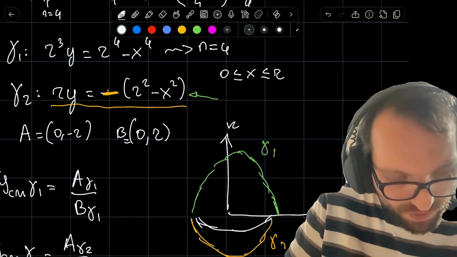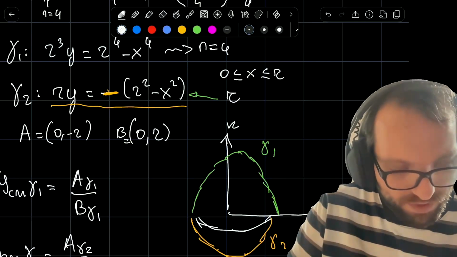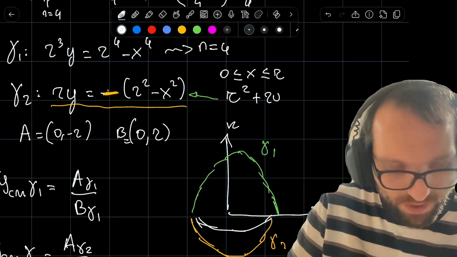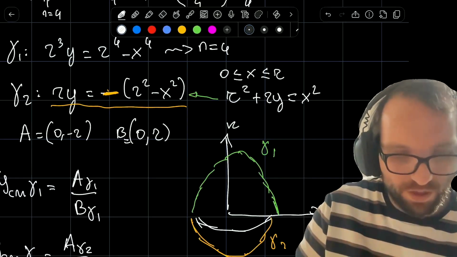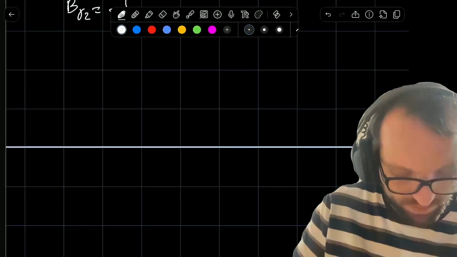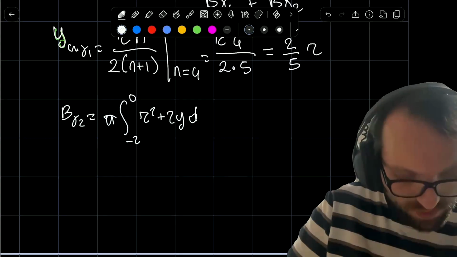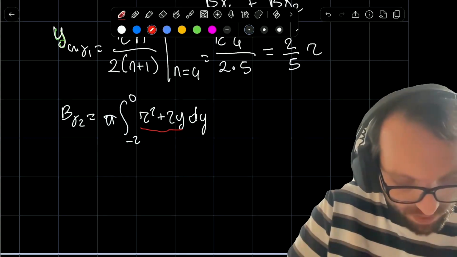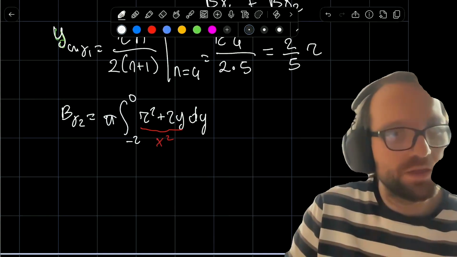So this is going to become R squared plus R epsilon equal x squared. We actually need x squared. So this term here is x squared as a function of y.